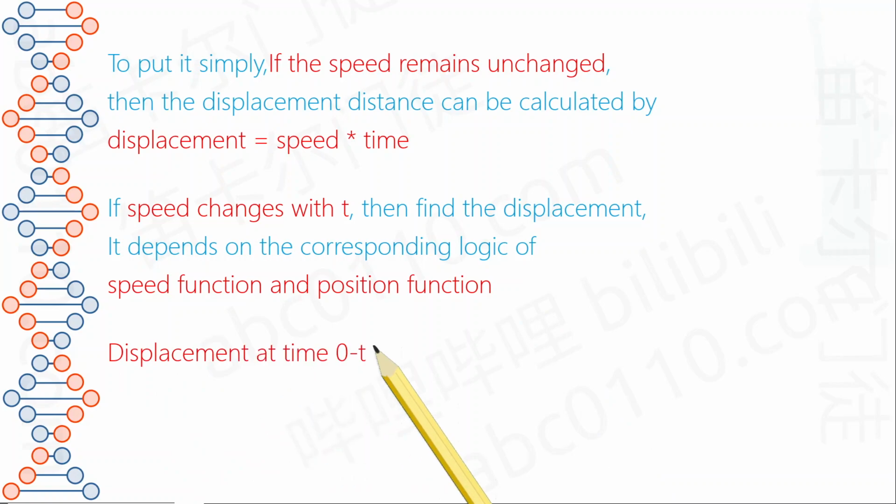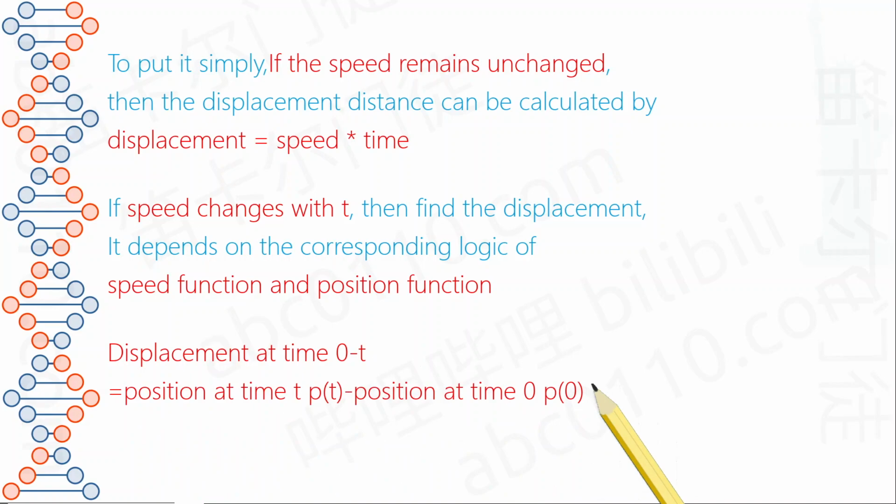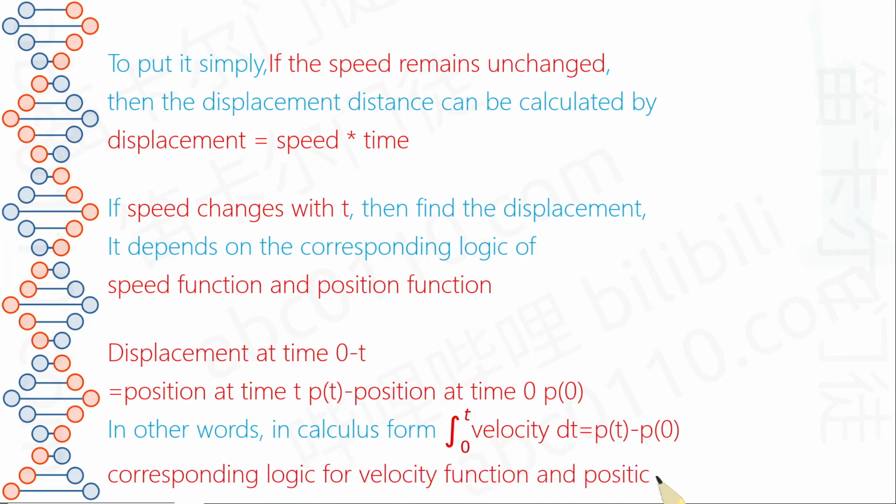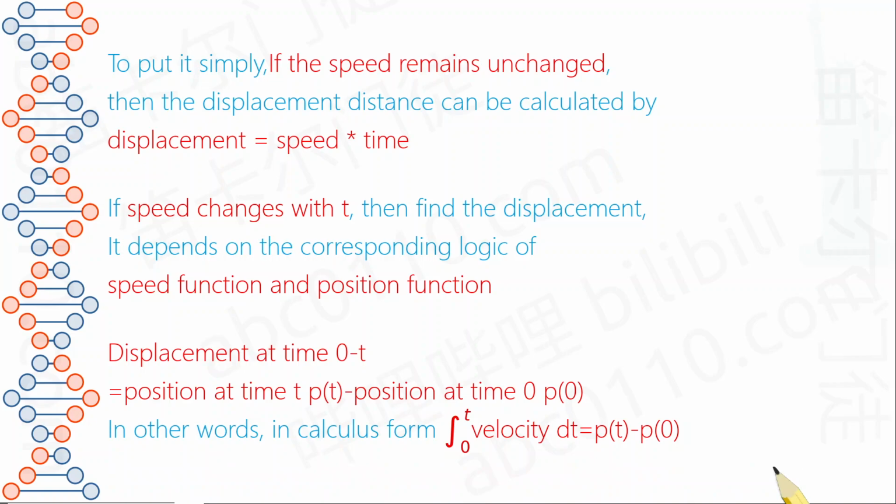Displacement from time 0 to t equals position at time t, p(t), minus position at time 0, p(0). In other words, in calculus form, the integral from 0 to t of velocity dt equals p(t) minus p(0). That is to say, calculus provides corresponding logic for velocity function and position function.